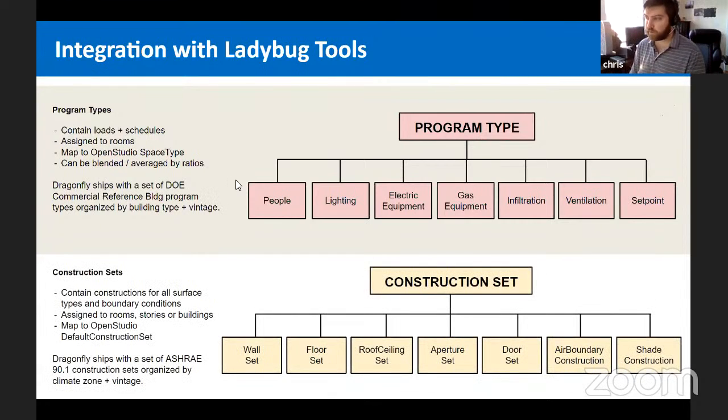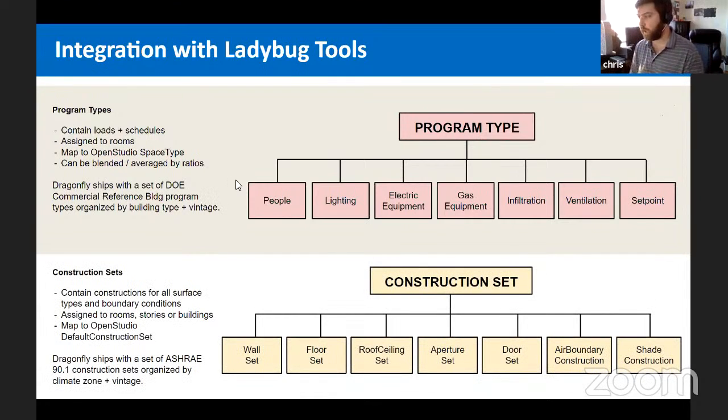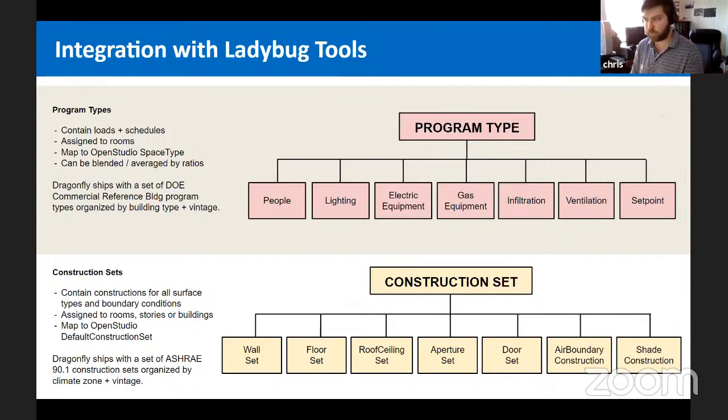Another very important template object that we've added to the Ladybug Tools plugin to enable urban scale workflows is the construction set. Those of you familiar with the OpenStudio SDK probably know of the default construction set that this object maps to, but it essentially contains constructions to describe what construction is assigned to all the walls, the roofs, the floors, the windows, all those different surface types of a building.